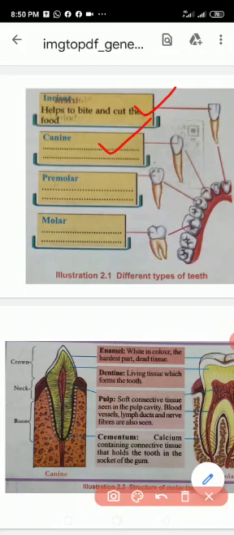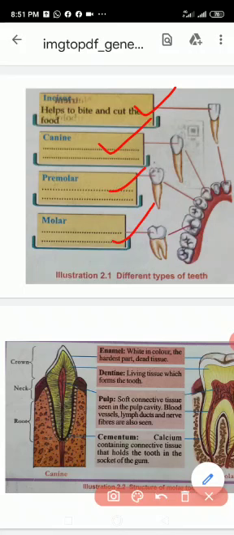Then what about canines? So canines help to tear off the food materials or flesh. Canines are well developed in carnivores like dogs or cats, tigers, etc. So we can see the well developed canines in dogs or cats when they open their mouth. So what about premolars and molars?